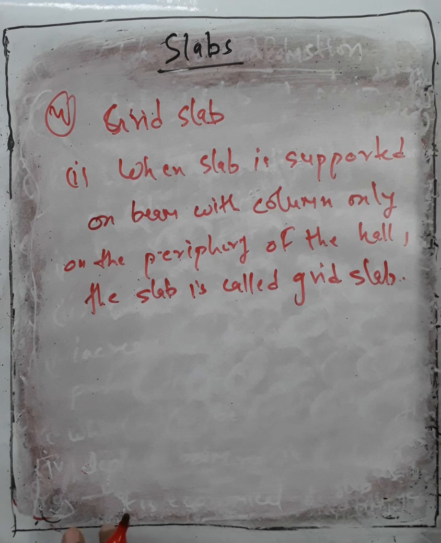Means when the slab is supported on beams with columns, then this part is called the grid slab.